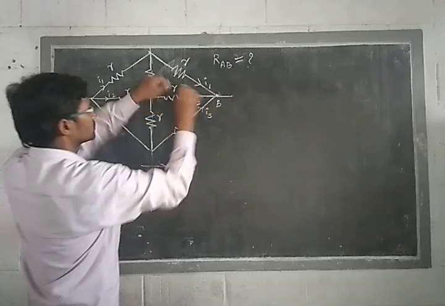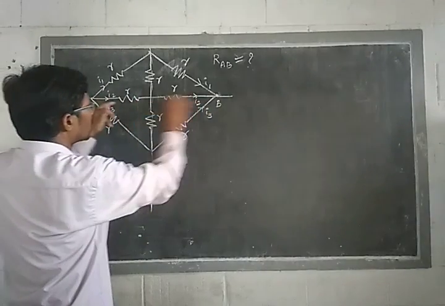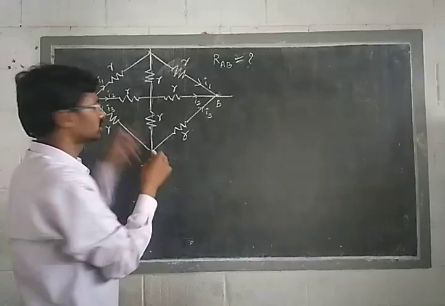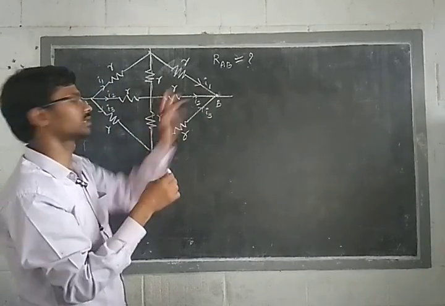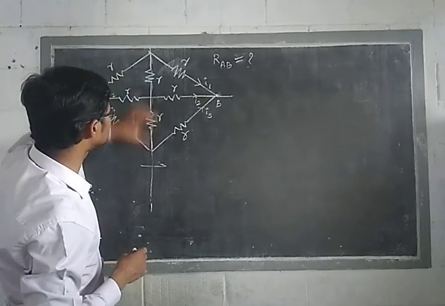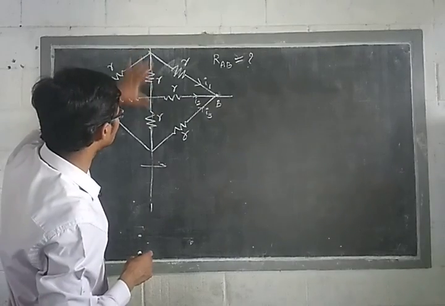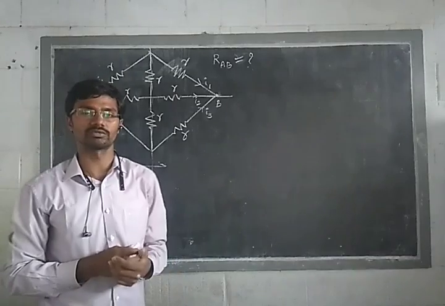Here I2 current means for this also I2 current only. Now you can observe clearly that across these the same resistance, so the same current flows. But remember, these resistors have the same potential difference, so the current across this one and this one will be 0.